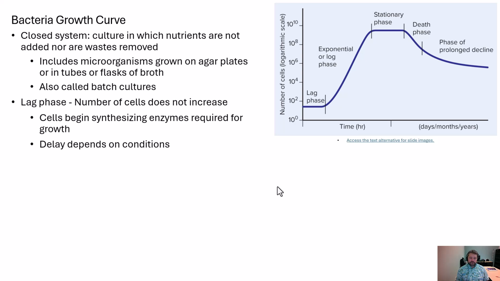They might be copying DNA, building new ribosomes, copying their plasmids, increasing enzymes, increasing cytoplasm, that kind of stuff. And how long the delay is will be determined by what kind of conditions the organism is in.